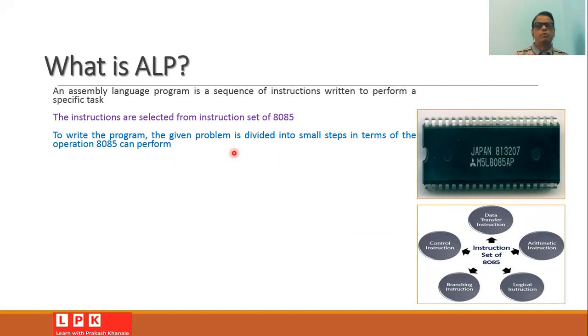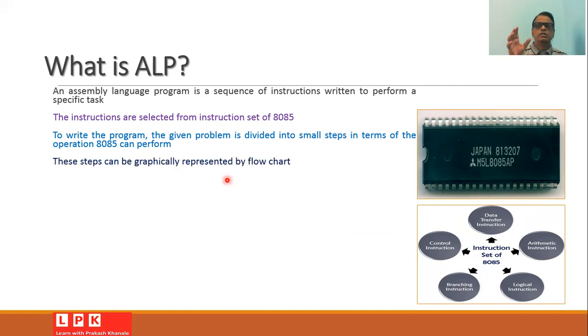Whenever we want to write a program, it is necessary that initially we understand the given problem. You need to divide the given problem into small steps, and these steps should be in the form of the operations that 8085 can perform.